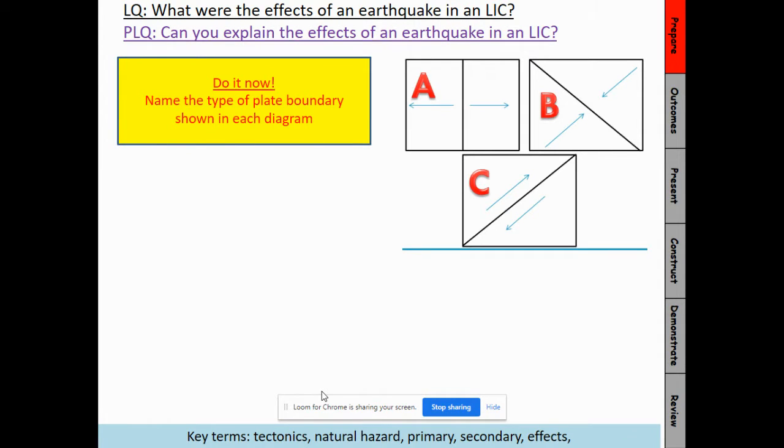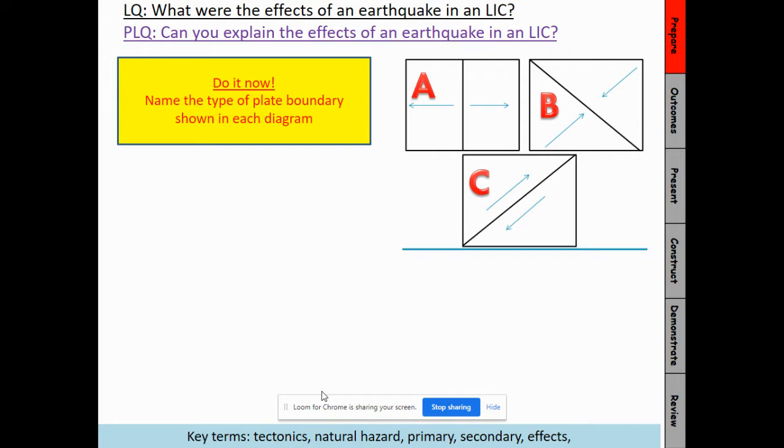So we're going to go through what HIC and LIC mean again, and we've got a little bit of a quiz of working out where Nepal is and the different types of plate boundaries that create earthquakes. What I want you to do first is pause this video and answer the do it now question. Just spend a couple of minutes on this.